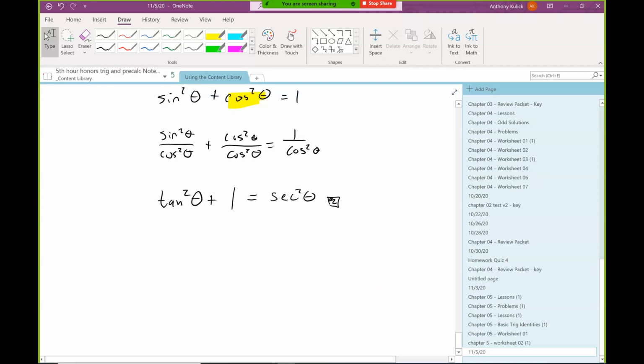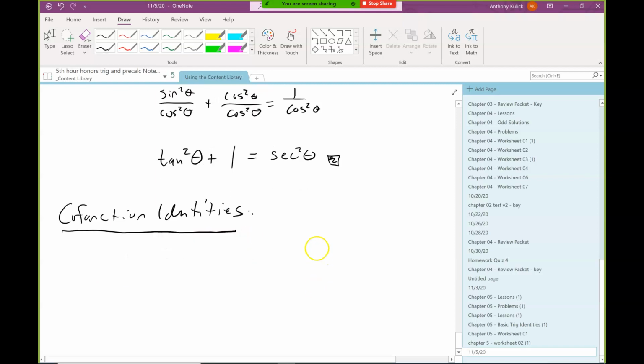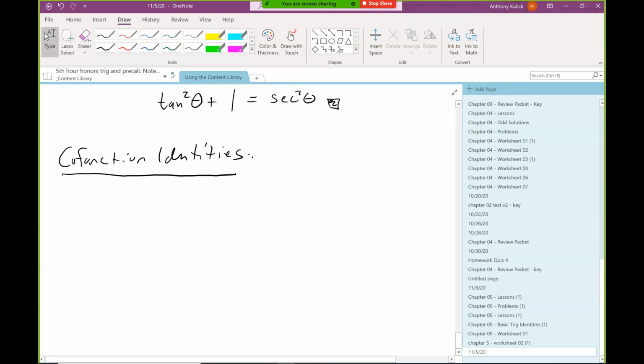So those are the 3 Pythagorean identities. The next are called the cofunction identities. There's 6 of these.